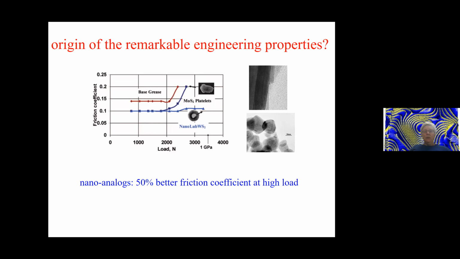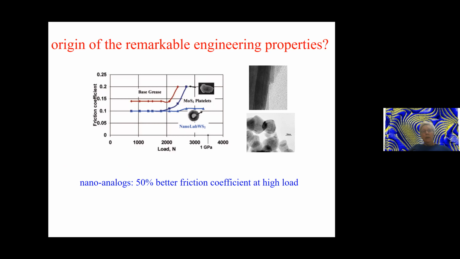And just to enlarge what was on the prior page, his deal was not so much that you can study quantum confinement with these nanoscale analogs, but it turns out that he was interested in their remarkable engineering properties.